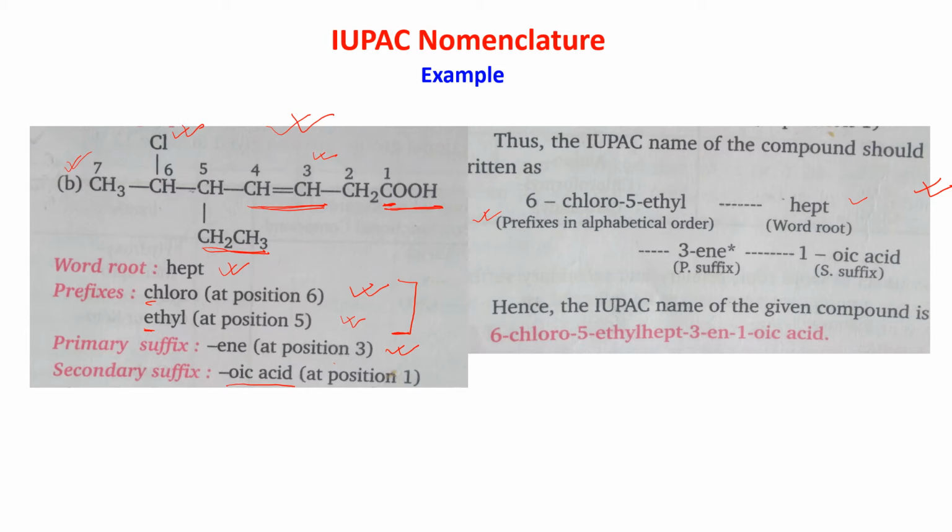So 3-yn and 1-oic acid. Okay, so what I am getting: 6-chloro, 5-ethyl, hept, 3-yn, 1-oic acid. Am I clear? Have you understood, children?